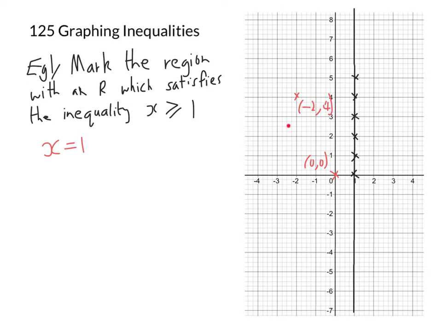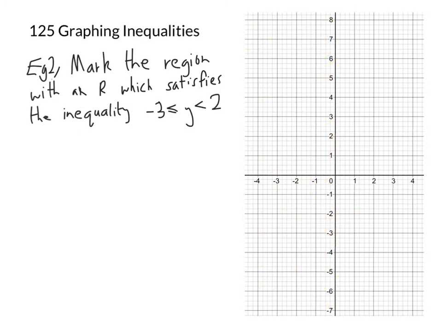So actually everywhere to this left-hand side is less than 1. And what we can do is shade it to discard it, to tell ourselves that's the wrong side. Okay? So we put an R for the right side, and that is indicating where x is greater than or equal to 1.